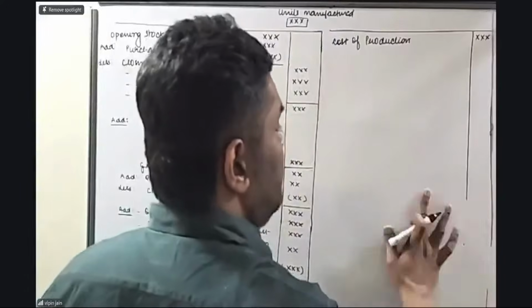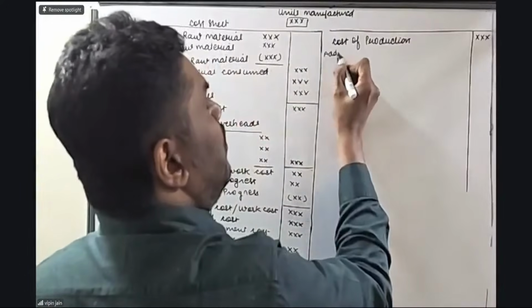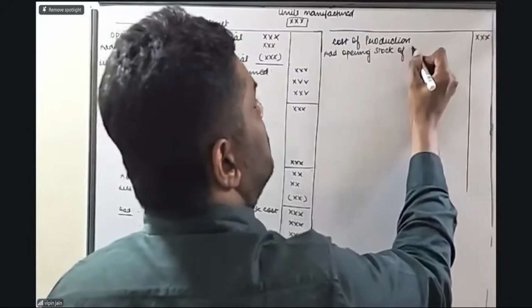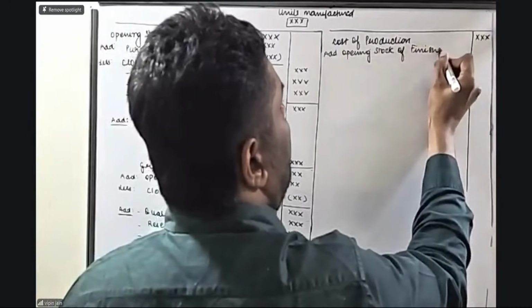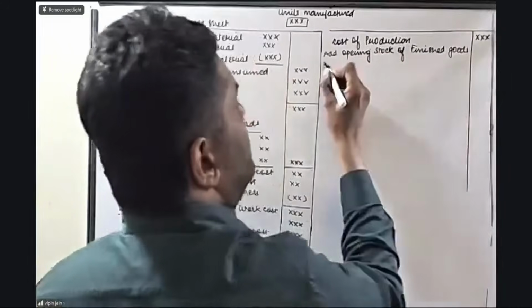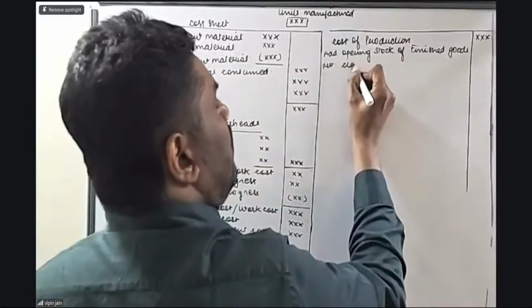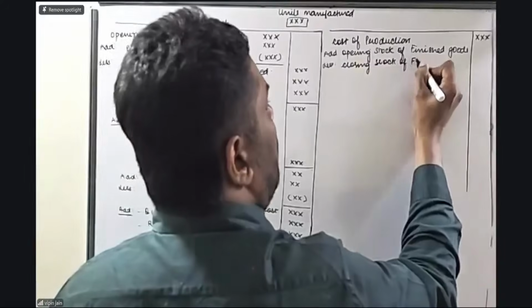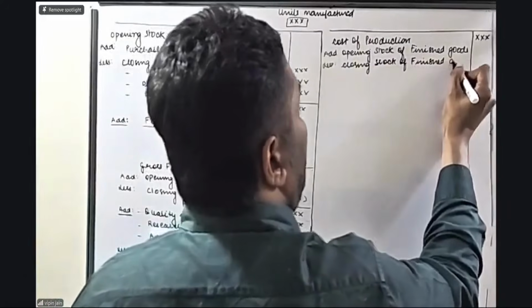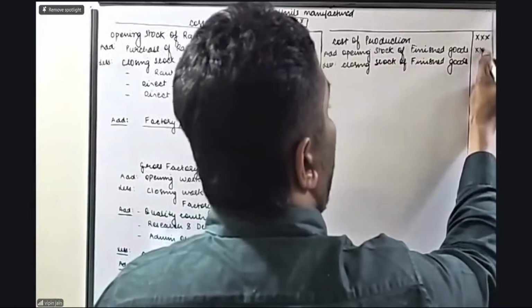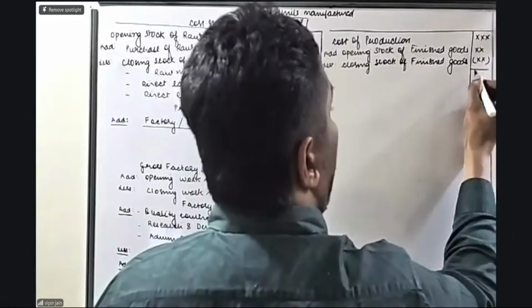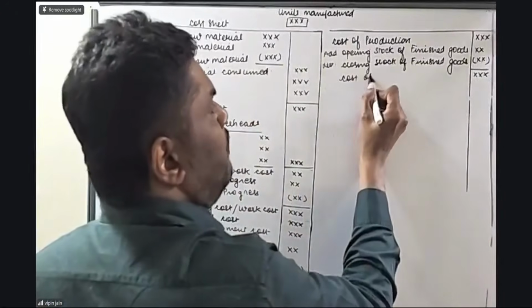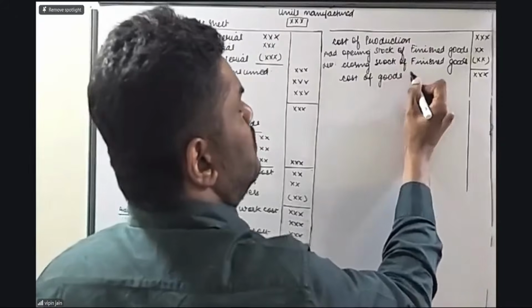We'll add opening stock of finished goods, subtract closing stock, and we will get cost of goods sold.